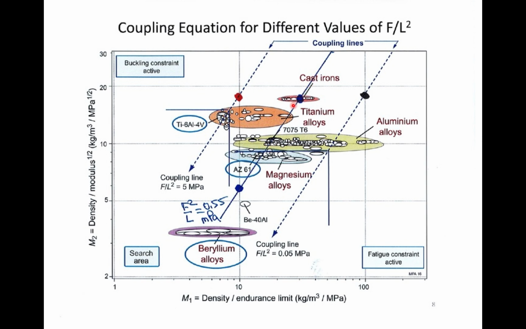And if I follow this line down, remember, as we get close to the origin, things get better. I pass through aluminum alloys, which will give me similar loading performance as cast iron, but much lower mass. And then I go through magnesium alloys, which will give me similar performance to cast iron, but much lower mass. And then, of course, we end up with beryllium.